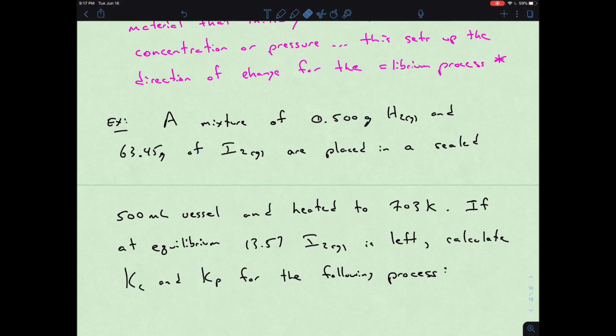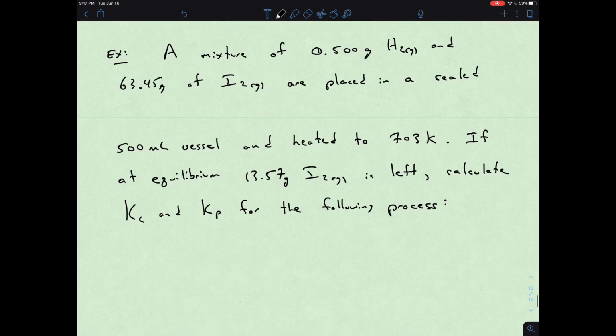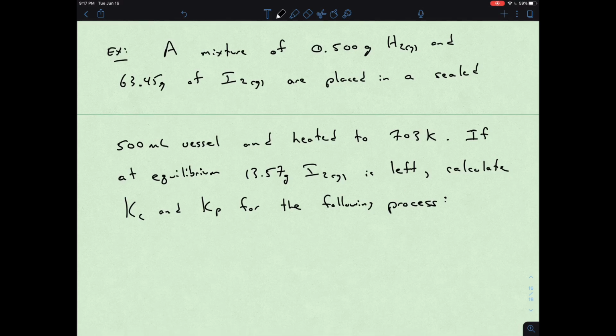So now it's a little bit more intricate. We're not given pressures directly, we're given masses. We have a volume here, so we have a lot more information in this particular question. But the root of it is we still want to calculate K sub P and K sub C, and we're still going to follow our rules.